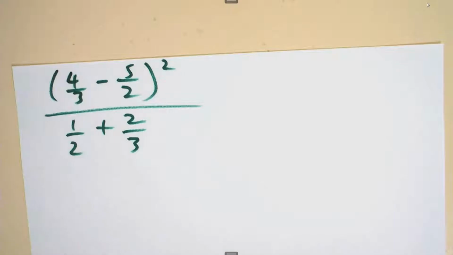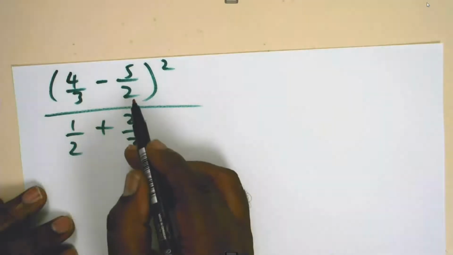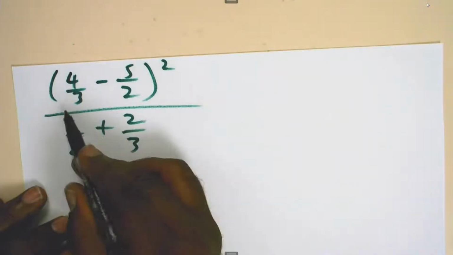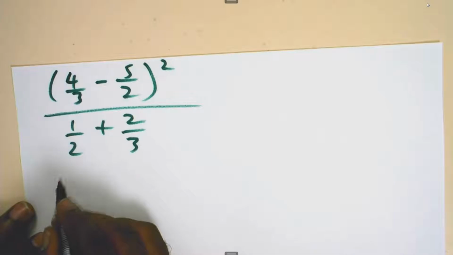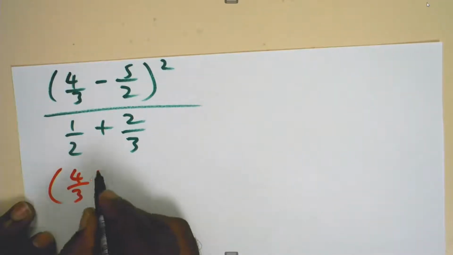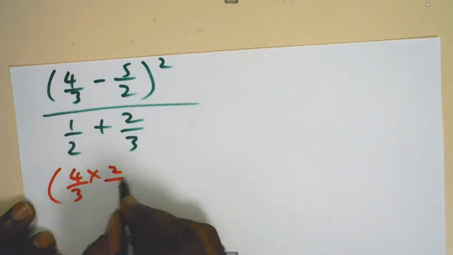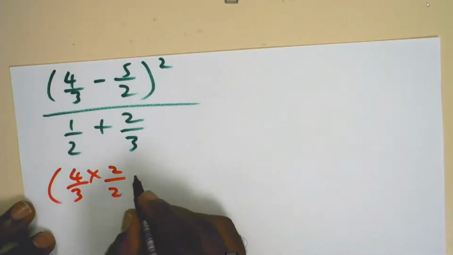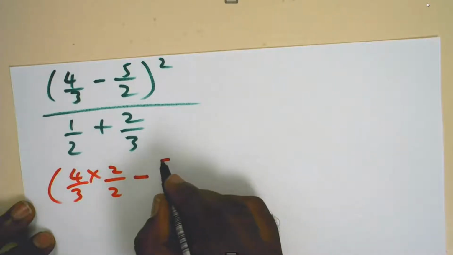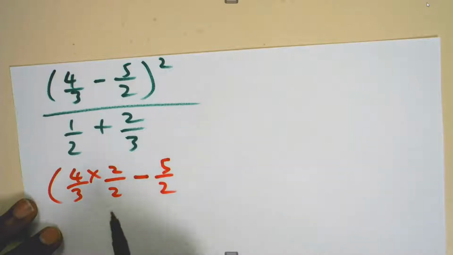Again, you still remember our LCM here: 3 by 2 is 6. Therefore, you take this 2 to give you 6. But remember what we said earlier: 4/3 multiplied by 2 over 2, minus 5 over 2.